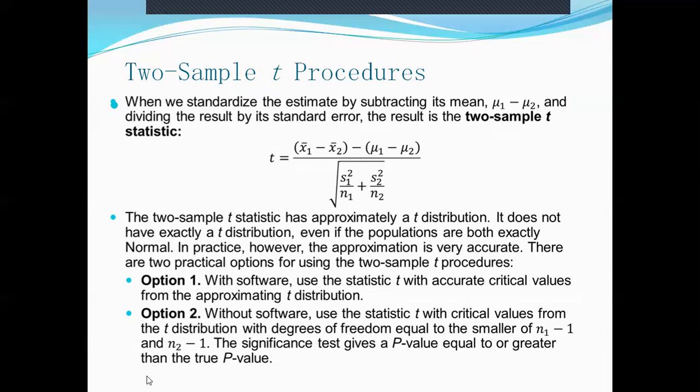Option 2, without software, use the statistic t with critical values from the t distribution with degrees of freedom equal to the smaller of n1 minus 1 and n2 minus 1. So take the two sample sizes and subtract 1. Look at the degrees of freedom for each sample and use the smaller one. The significance test gives a p-value equal to or greater than the true p-value.